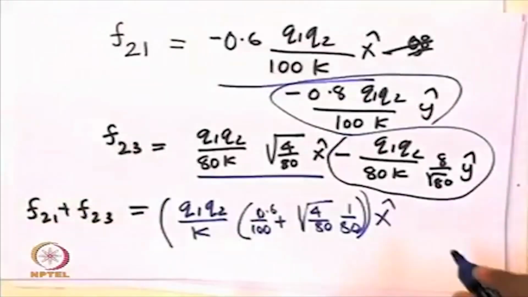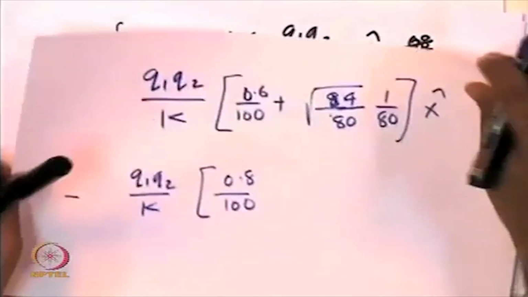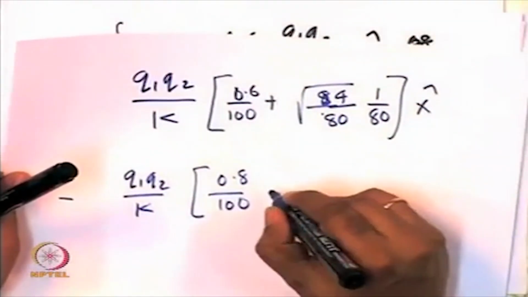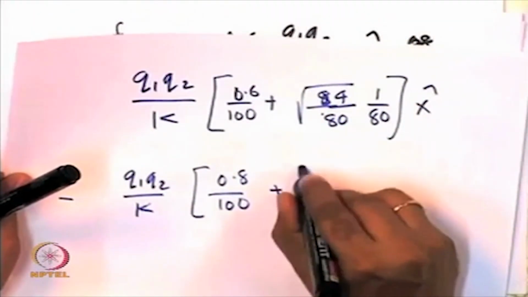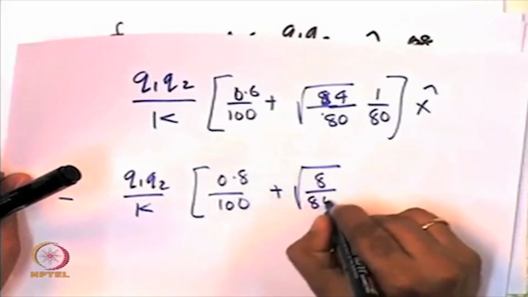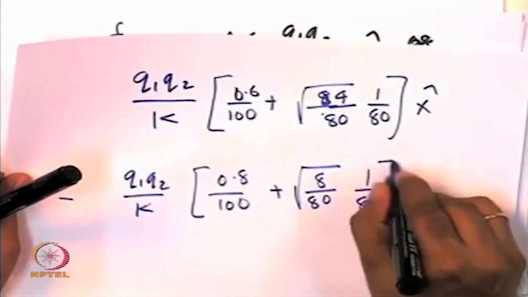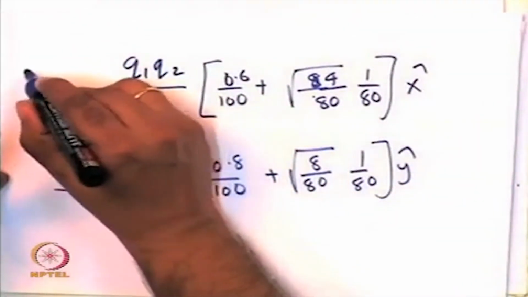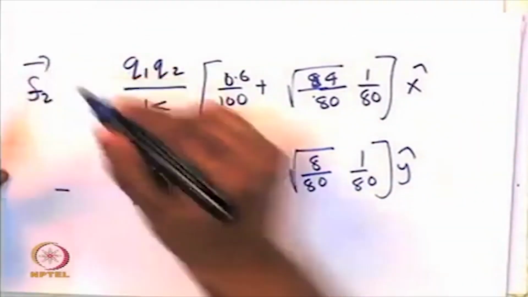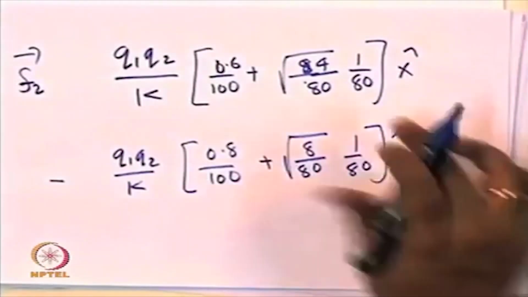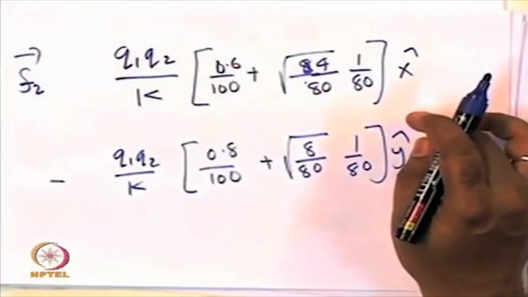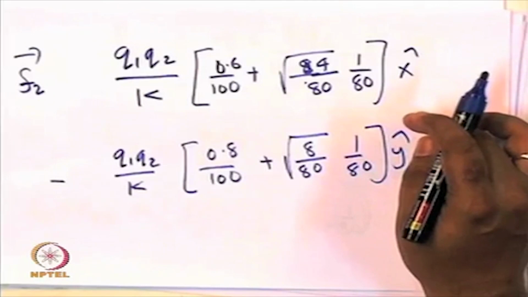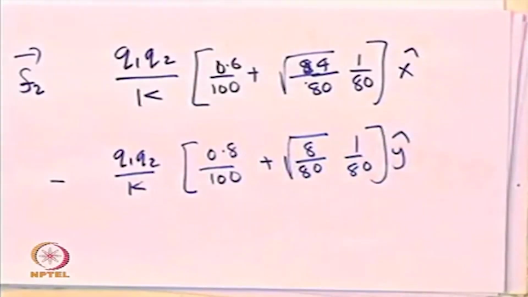And there is plus root of 8 by 80 into 1 over 80 along y cap. So, this is the force on the second charge, this much along the plus x axis and this much along the minus y axis.